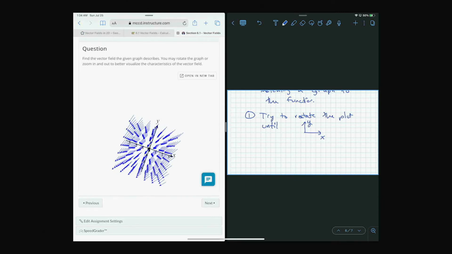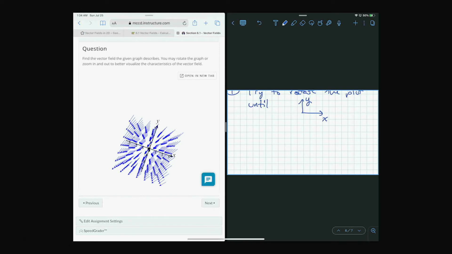On the one that we just plotted here, here's what I notice. When we're looking at it this way, I'm seeing all of them point down and to the left. I can't rotate it perfectly, but that's what I'm noticing, that they're all going that way.